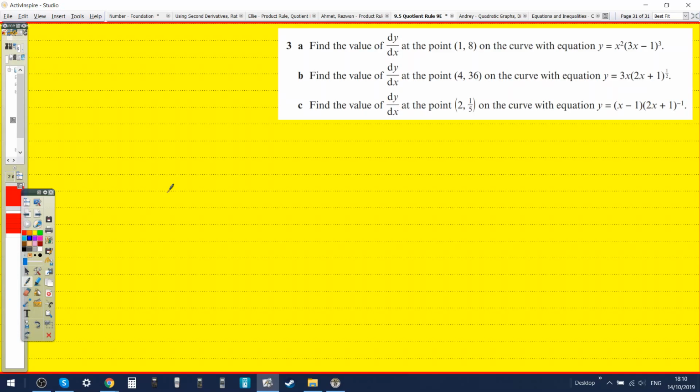So the point of the product rule is you don't have to do that.